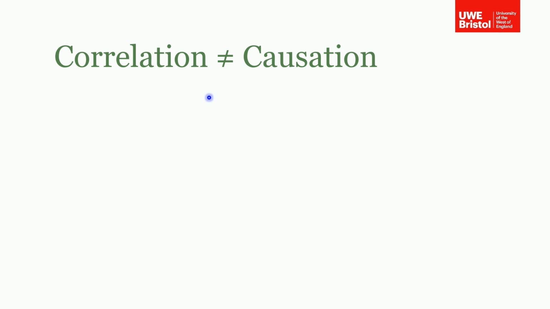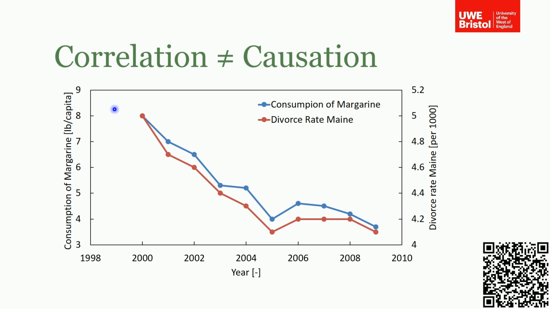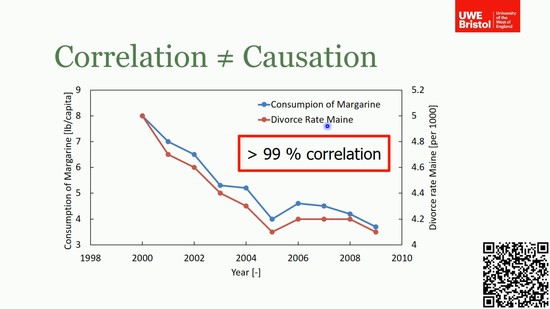And just with a bit of silliness, I guess, let me show that the other way. This shows a graph of the consumption of margarine versus the divorce rate in Maine. And this graph has a 99% correlation.